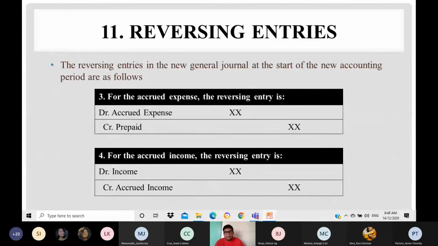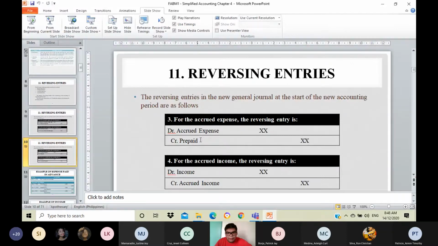Then for the accrued expenses, ito naman yung debit accrued expense, and credit to... mali. Credit to expense.